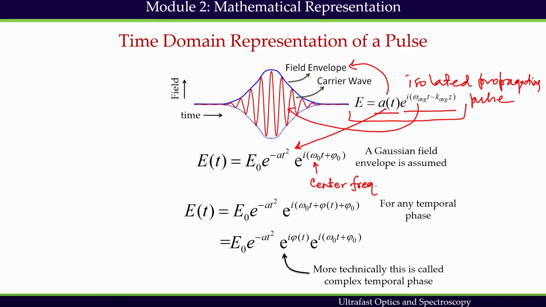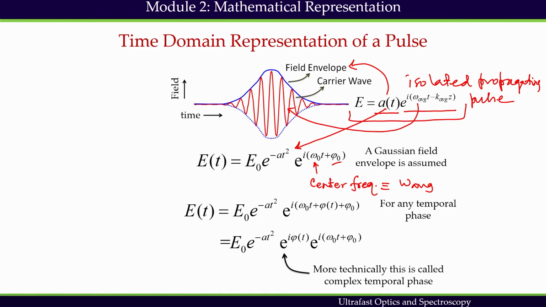Omega naught is nothing but omega average, which we have seen before. And phi naught, we have introduced phi naught here. This phi naught is some kind of initial constant absolute temporal phase, which we have included.